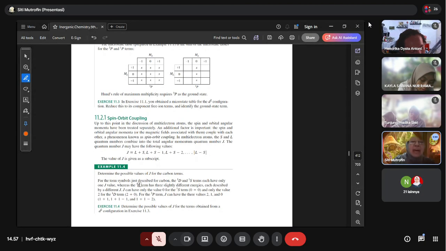See, for the 1D, 1S, and 3P, what is their G value? First of all, for the 1S, it is 0 plus 0. For S, the L is 0, and S is also 0.